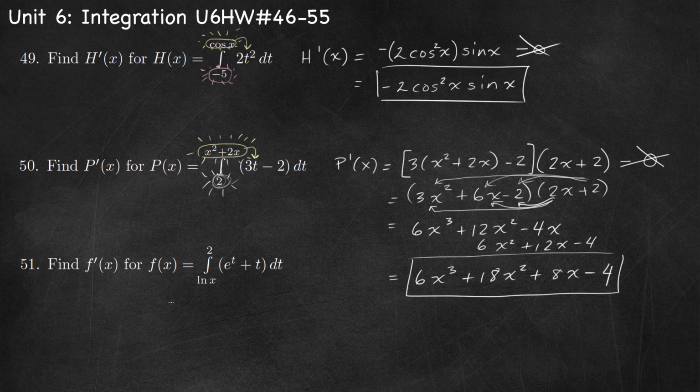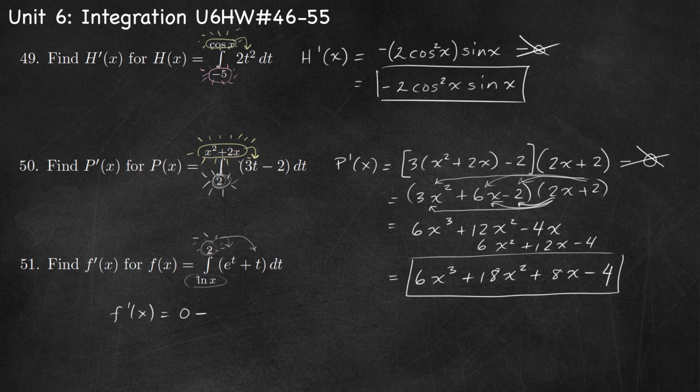And then number 51, we want f prime of x if f is the integral of e to the t plus t dt from ln x to 2. So when I substitute in my upper limit of integration and then multiply by the derivative, I get 0 on the top. So f prime of x equals 0 minus, and then I do that for the bottom.